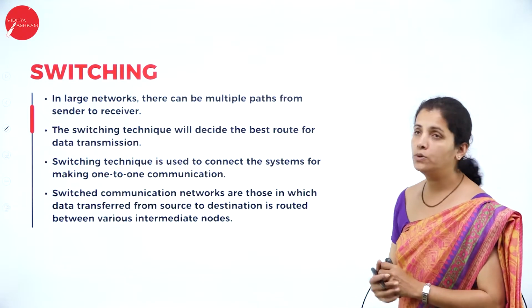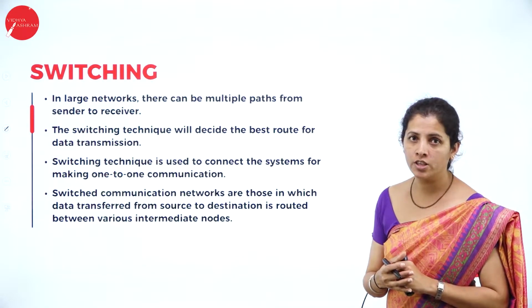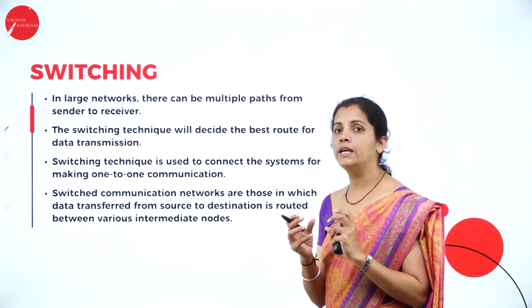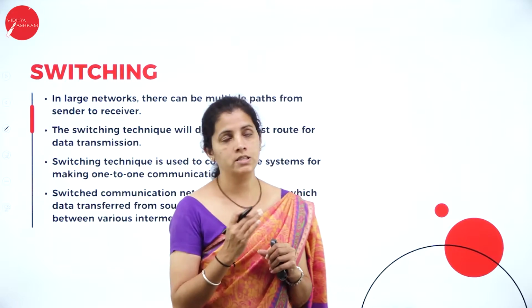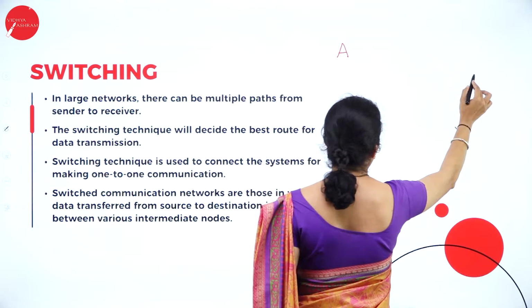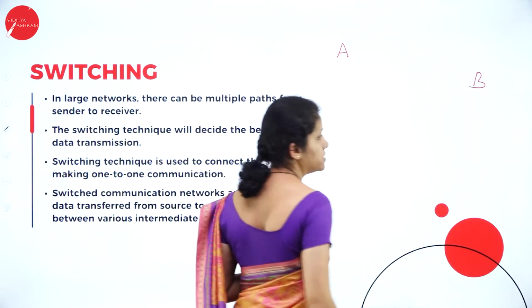Now, let me discuss what is switching. So, dear student, think that I'm going to send a data to receiver. Think that A is the sender and B is the receiver.